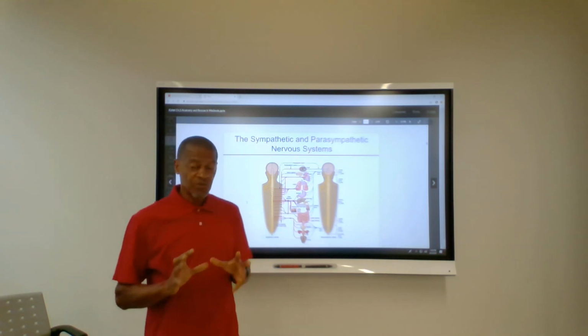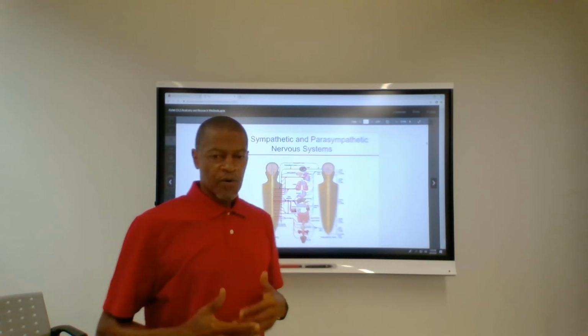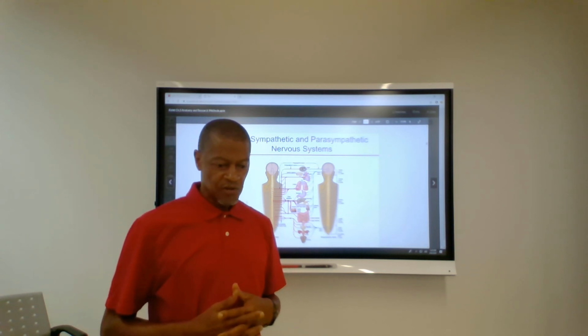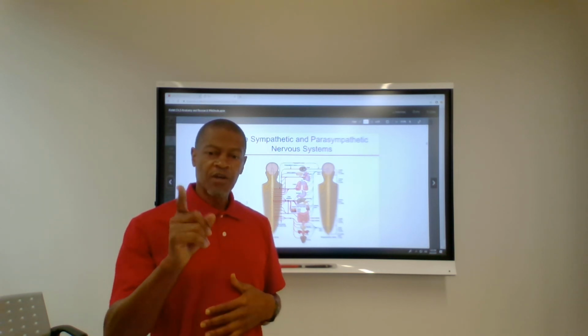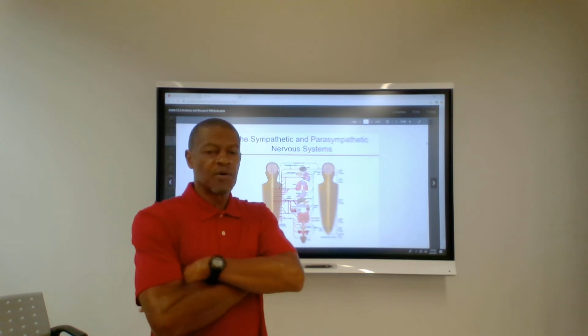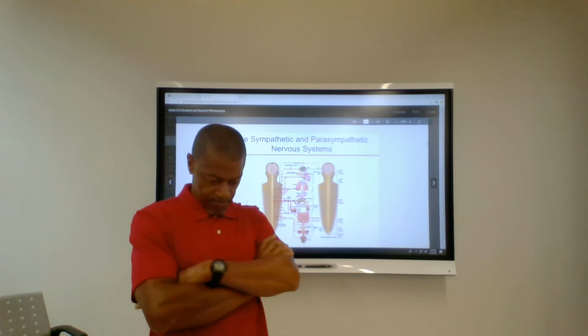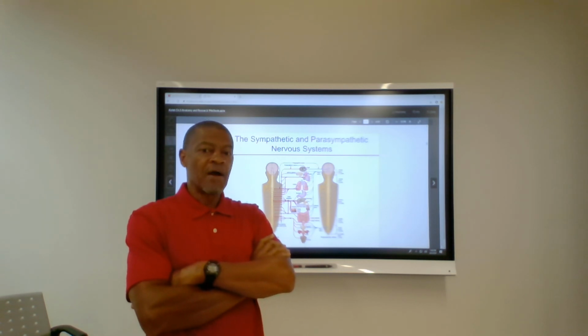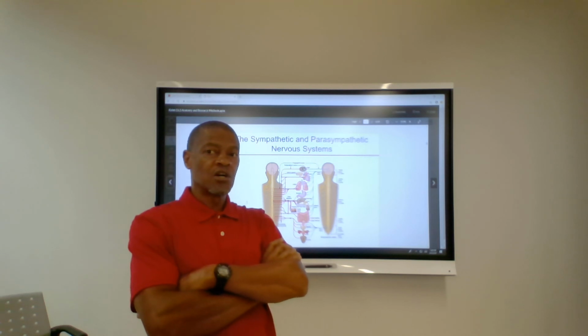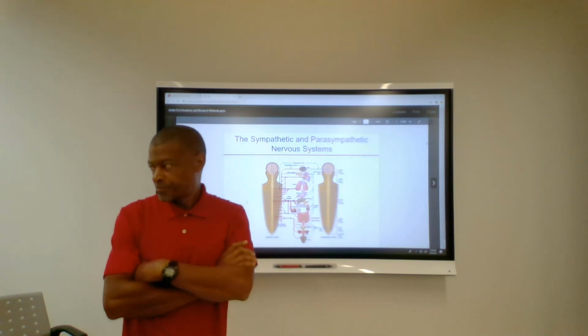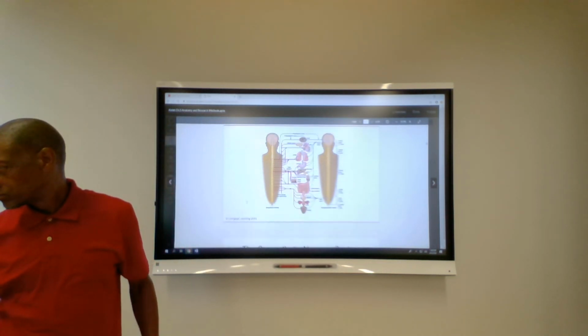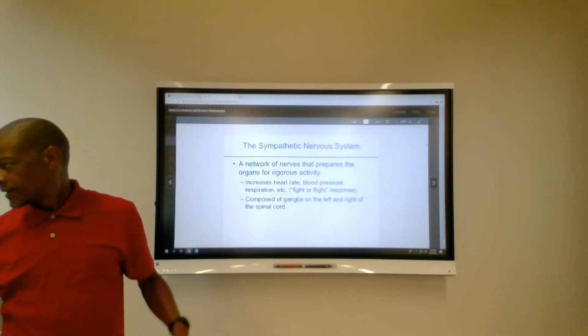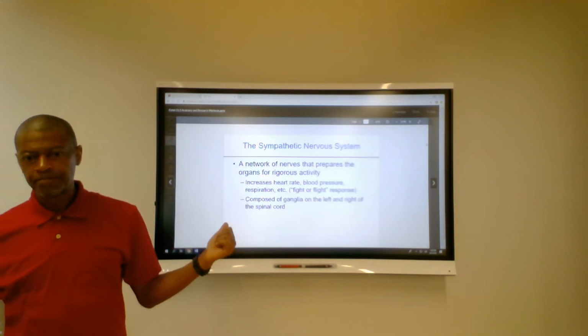So they're structured differently to control the quick pace or the slow pace of what needs to happen in the body. So think of the sympathetic nervous system as the energy promoting system, the parasympathetic as the energy conserving system. And again, review that here.